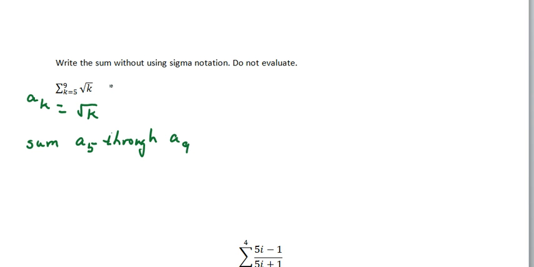And so it's going to be square root of 5 plus square root of 6 plus square root 7 plus square root 8 plus square root 9. That square root 9 can be replaced by 3.